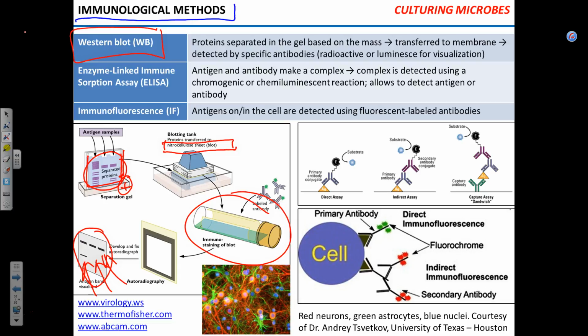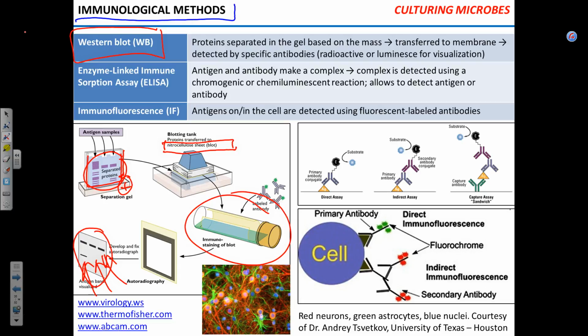If there is none, tough luck, I won't see anything. Does that make sense? Oh, it doesn't. Paper is just a carrier. Proteins will stick to it. So if there is a protein in a sample, I'll see it. If there is none, I won't.